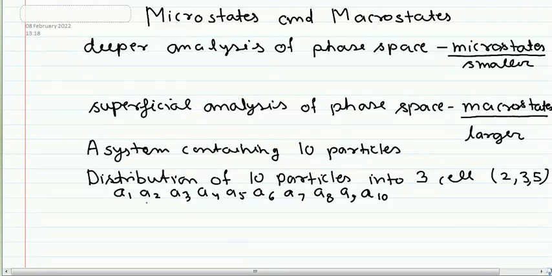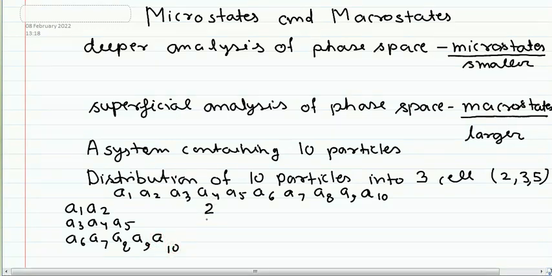So what we can do is have a distribution like this. In the first cell it is A1, A2, and in the second cell, because there are 3, A3, A4, A5, and in the third cell we have the 5 particles: A6, A7, A8, A9 and A10. So this contains 2 particles, this has 3 particles, this has 5 particles.